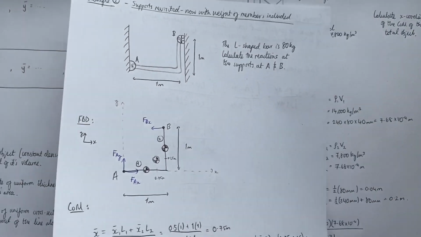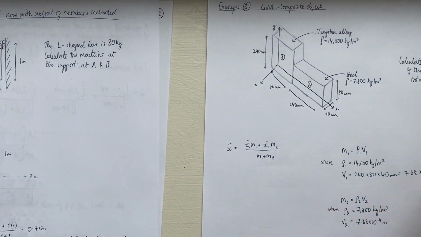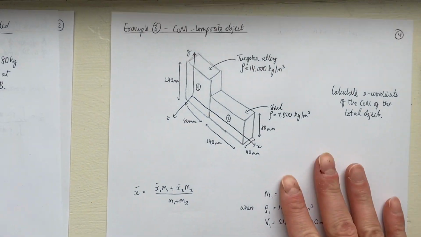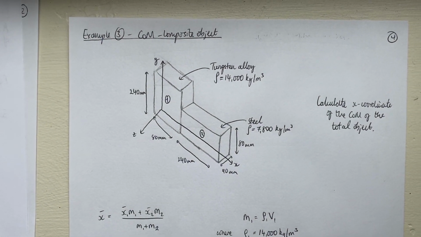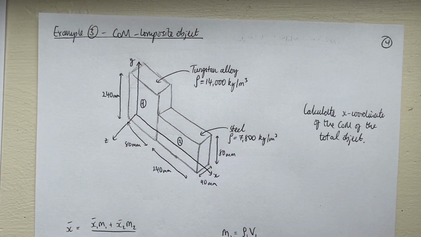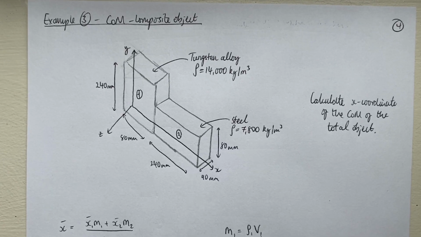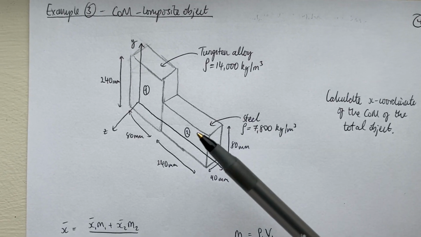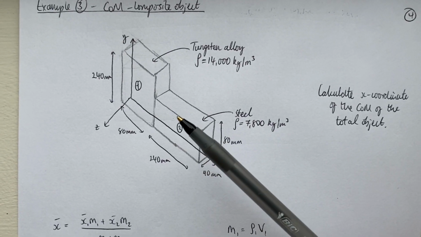So the final thing for today then is to look at a composite object. This is a simple composite object made of 2 materials.